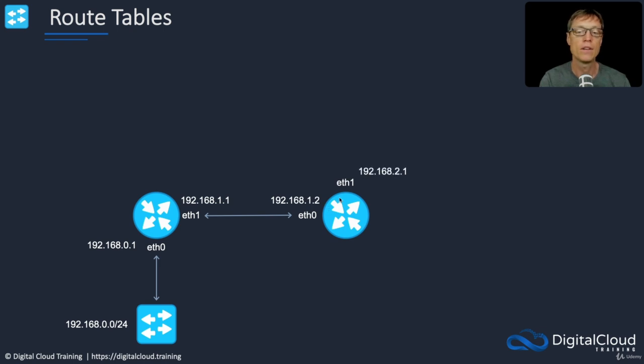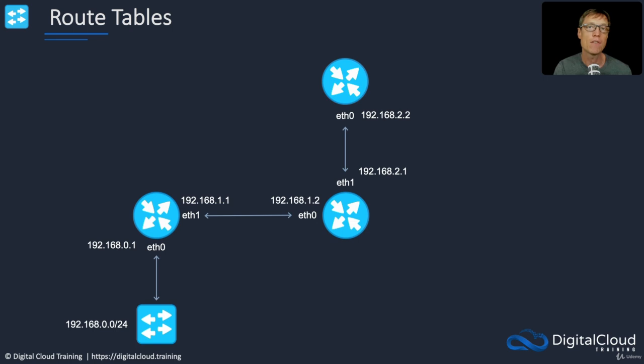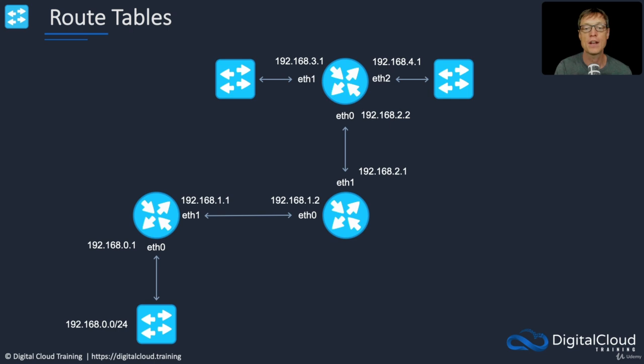It then has another interface connected to another router, and then the router at the top is connected to multiple networks. So we have the 192.168.3 network out Ethernet 1 and the 192.168.4 network out of Ethernet 2. So that's a slightly more complex diagram.